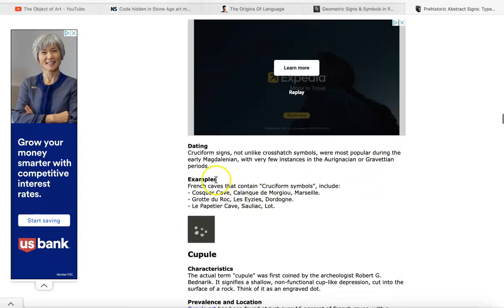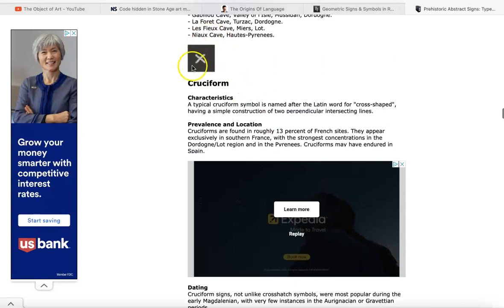Okay. Examples. French caves that contain cruciform symbols include Cosquet Cave, Calanque de Morgeau, Marseille, Grotte du Roc, Les Aisiers, Dordogne, Le Pepetier Cave, and Soillac, and Lot. Okay. So this is telling us that it's exclusive to southern France.